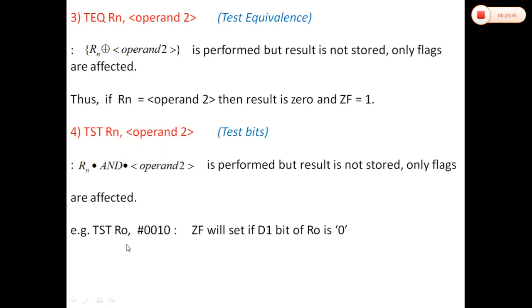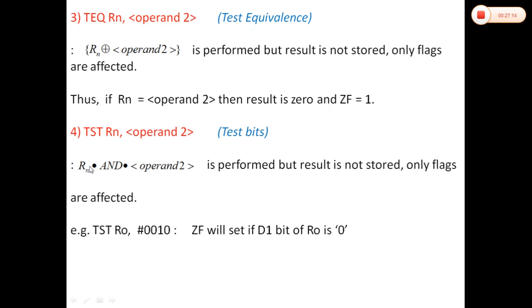For example, if I want to test whether bit D1 of R0 is 0 or 1, then I have to give this instruction like this: TST R0, this pattern in which only bit D1 is set. You want to test this bit of R0.